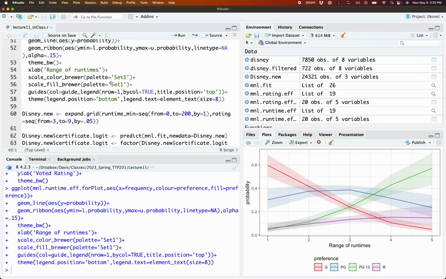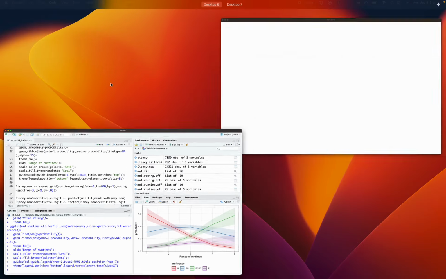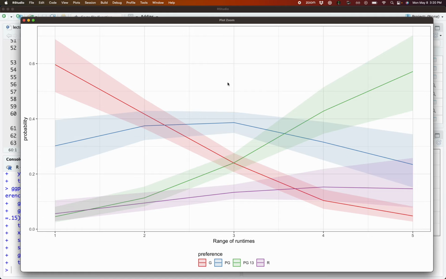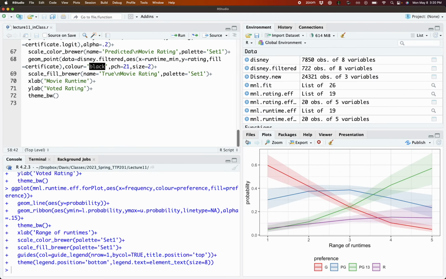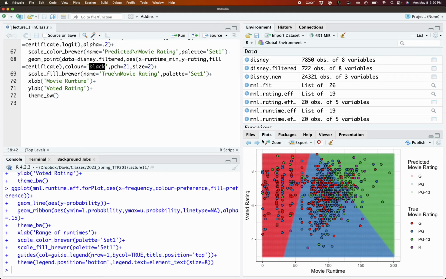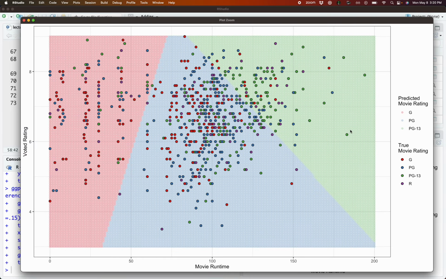Can we go back to the previous figure, the one with the background? Right now the value along the x-axis is from 0 to 200.